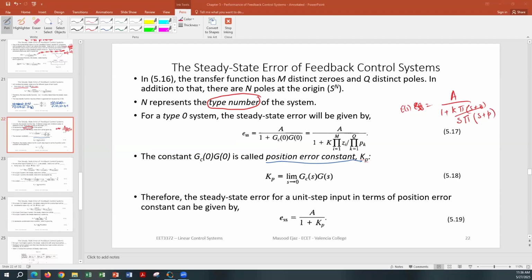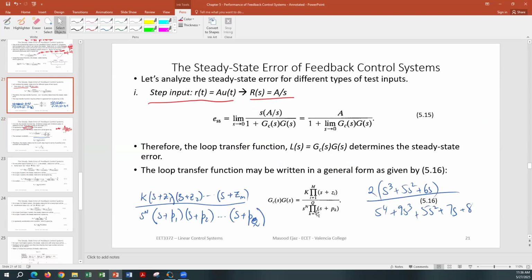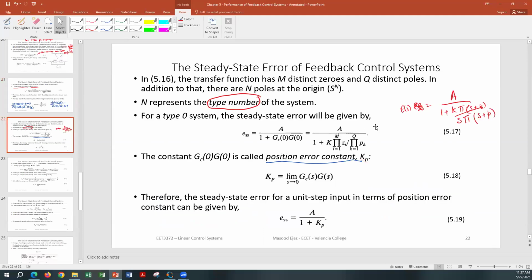Put s equal to 0. Remember, for the steady state error, you're putting s equal to 0, right? I forgot to put the limit as s goes to 0 right here. The limit as s goes to 0 of Gc(s)G(s) is going to come here, 1 plus the limit as s goes to 0. This is the steady state.